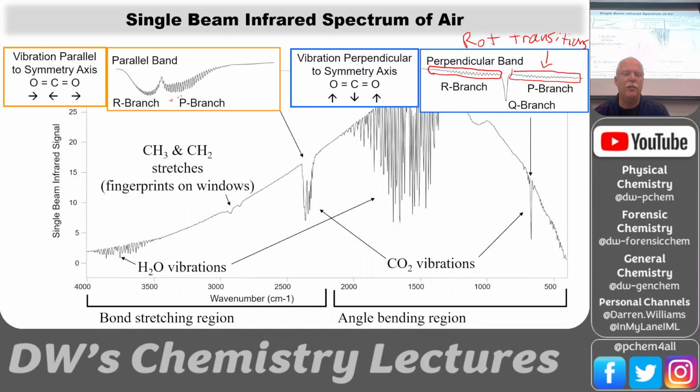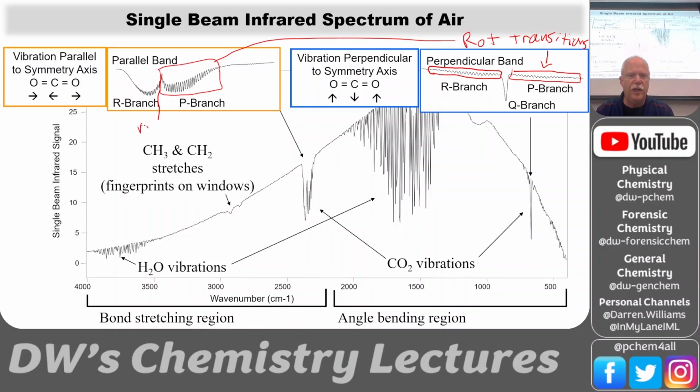We still have a P and an R branch. And so you see all of those little rotational levels. So these rotational transitions. So that's exciting, because right there, it's in the atmosphere. We have CO2. We just shoot infrared light, and we see all these little transitions. We have the center of this band, like right here, that's the fundamental.